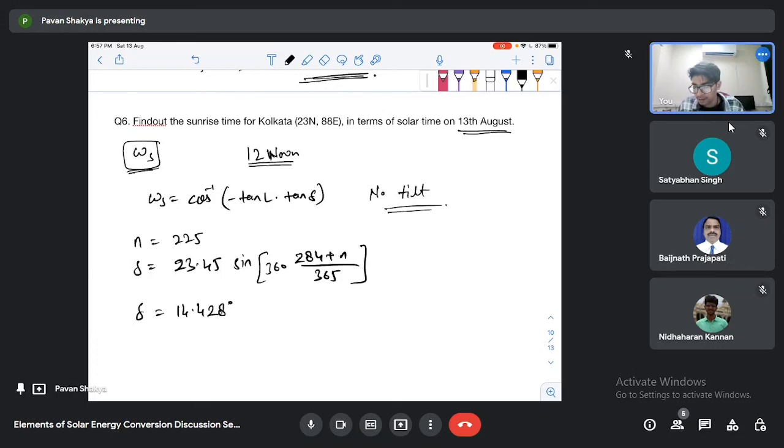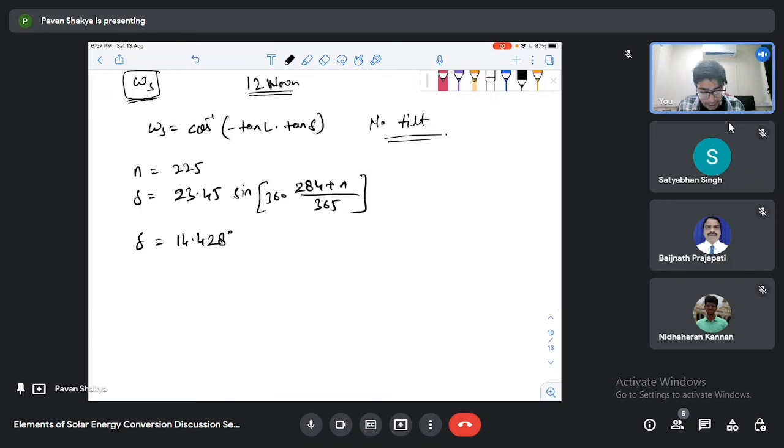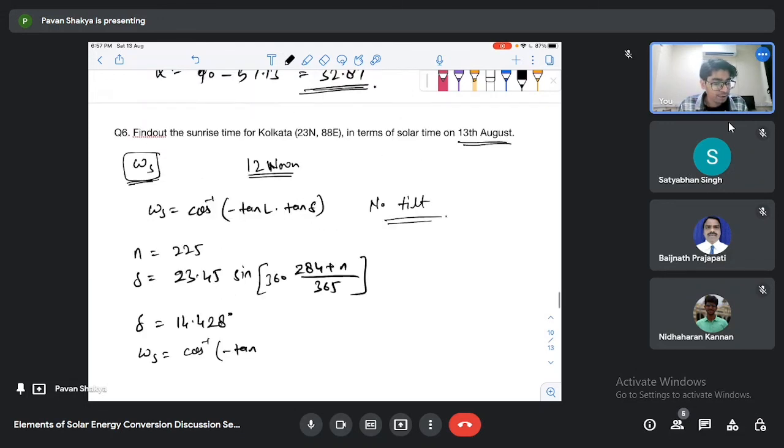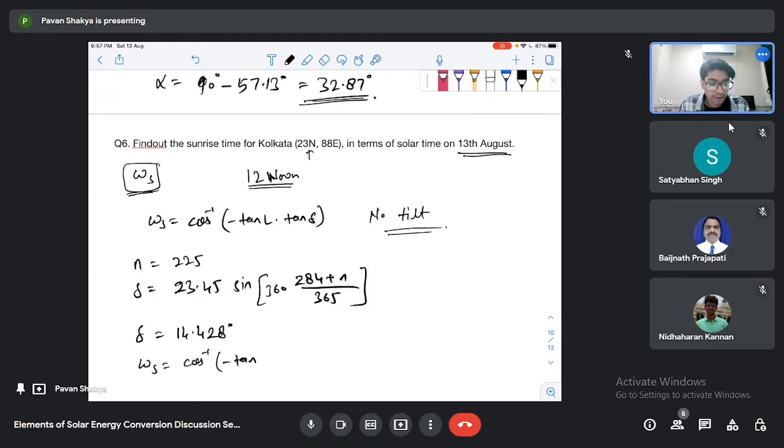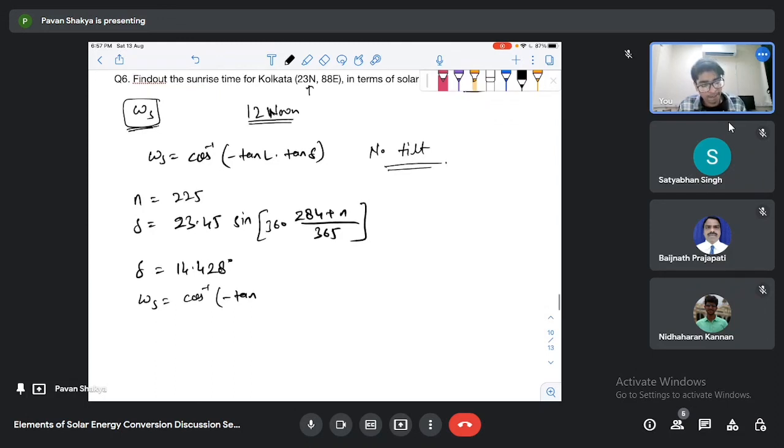Now we can easily calculate omega s, that is omega s is equal to cos inverse of minus tan latitude, where latitude is given as 23 degree north, multiplied by tan of the declination angle that we have calculated as 14.428 degree.